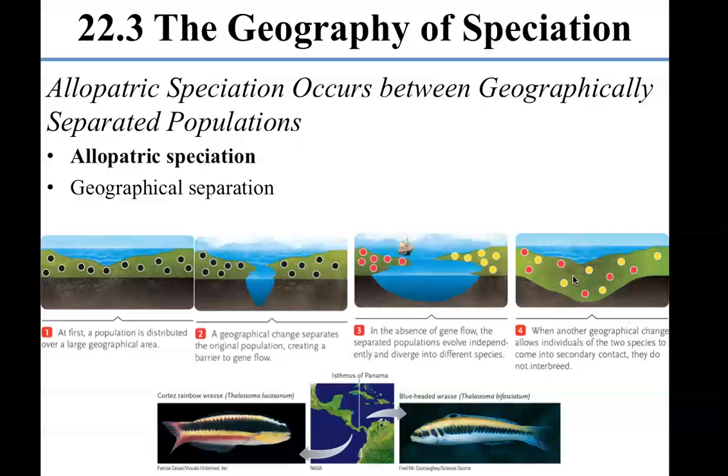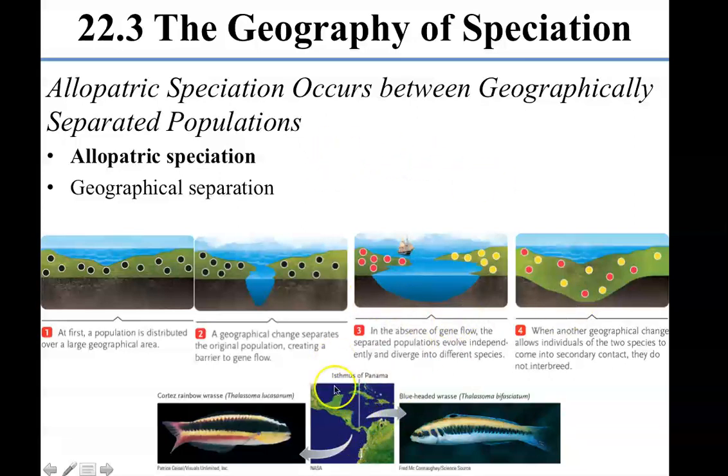The point is they don't mate anymore, and so they're now two distinct populations. So this is an example of allopatric speciation, where geography splits one population into two, and the result is two distinct species. The bottom picture is some fish, and this example happened in real life.